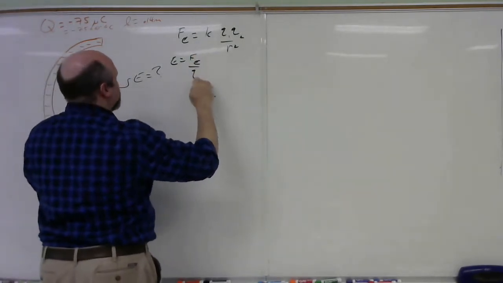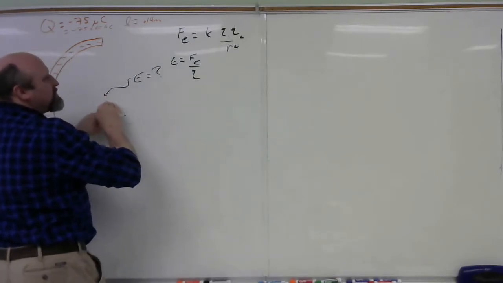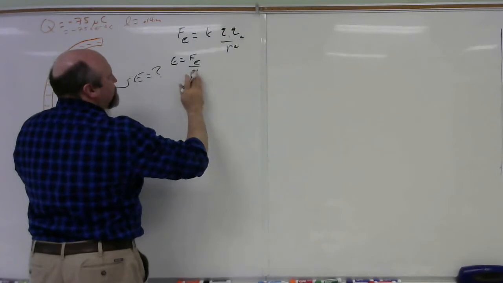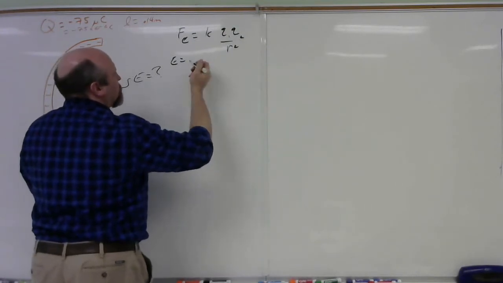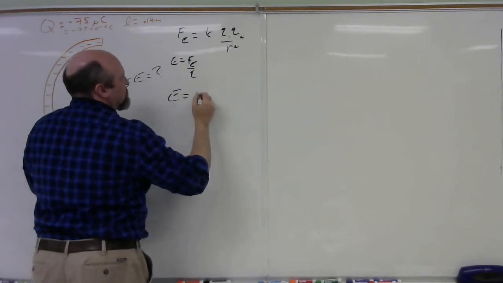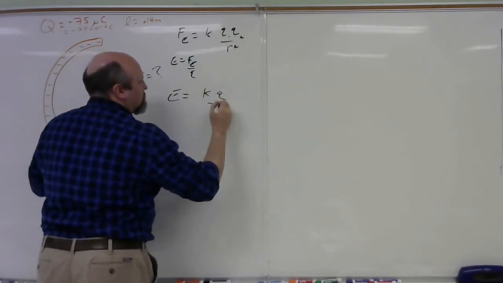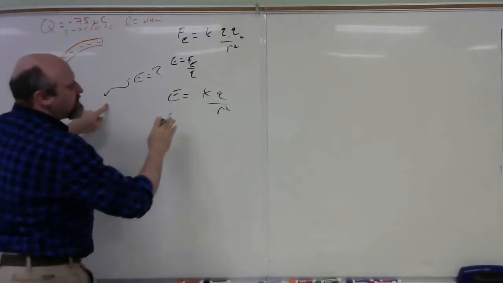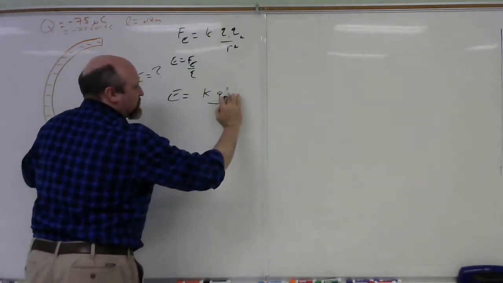So the Q2 basically cancels out. My E is F_E per Q, which is going to be KQ over R squared. This is the E field a distance R away from a point charge Q.